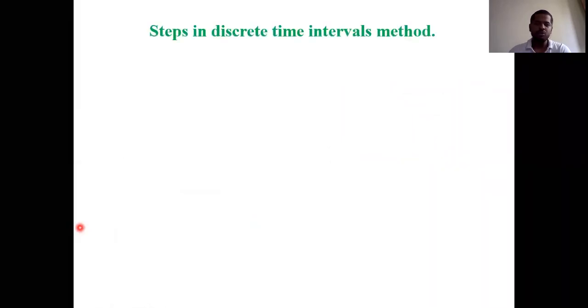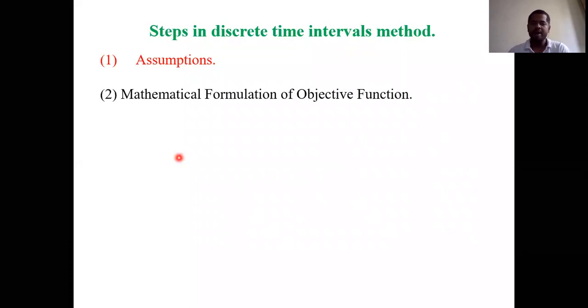Now let's move to one more: what are the steps which are generally present in any algorithm, not only in discrete time intervals. In any algorithm, what are the steps present? The first one is assumptions. In order to solve any problem, we need to assume some points. Once we assume those points, we need to formulate our objective function.